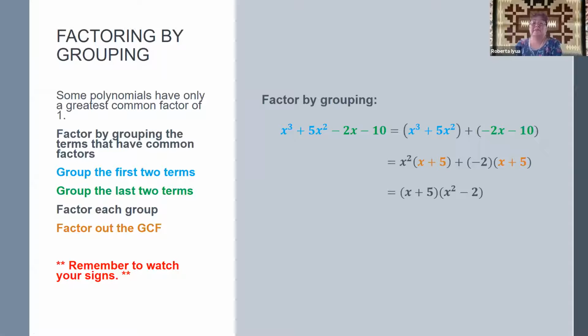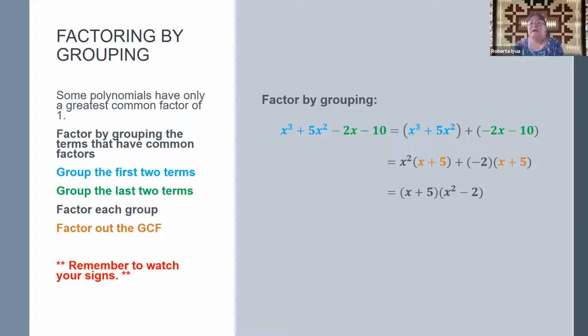So my example is x cubed plus 5x squared minus 2x minus 10. I grouped the x cubed plus 5x squared. And then I added a plus sign, and then I grouped together the 2x minus 10.